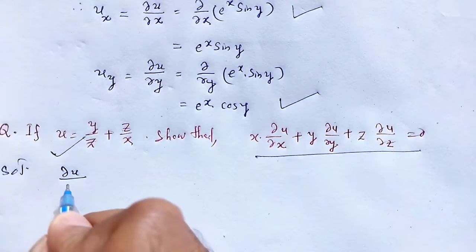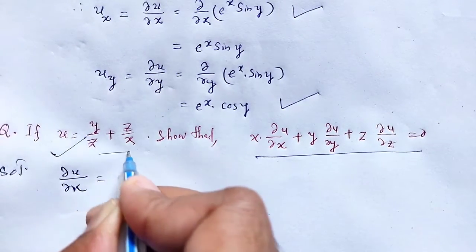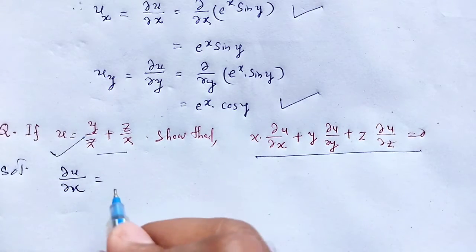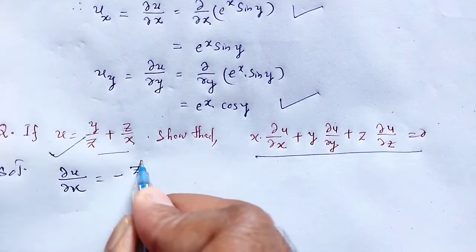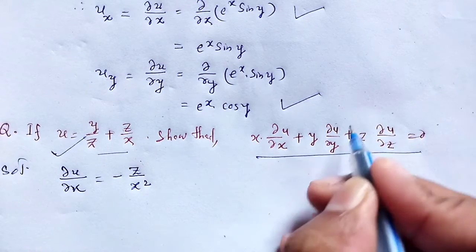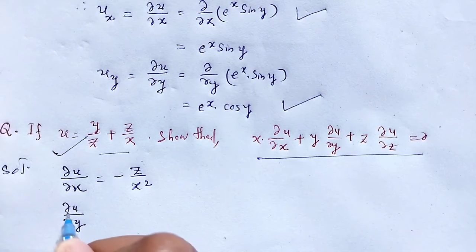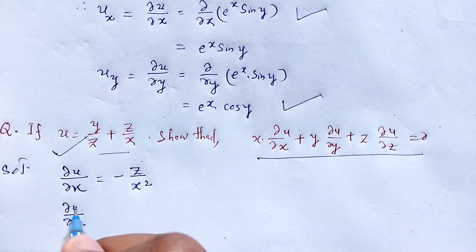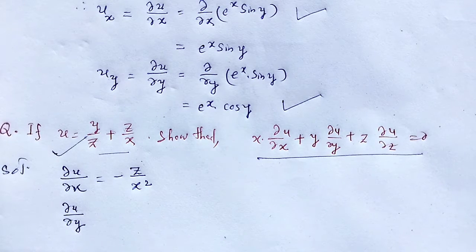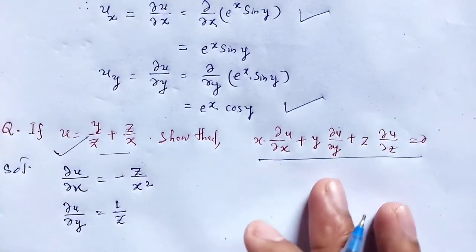Del u by del x is equal to, we differentiate that function with respect to x, whereas z and y are constant, then we find that it is minus z by x square. Again del u by del y, the partial derivative of u with respect to y, whereas x and z are constants, so the value is 1 by z.